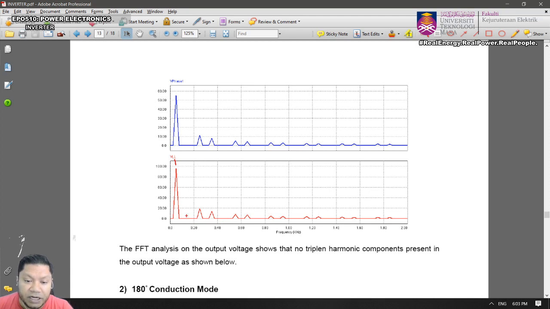There are no triplen harmonics, and you know at least it's the 5th, 7th, 11th, 13th, and the rest. Okay? So there are low order harmonics for 120 degree conduction mode. So no triplen harmonics. That is the characteristic of the harmonic spectrum of the output voltage.